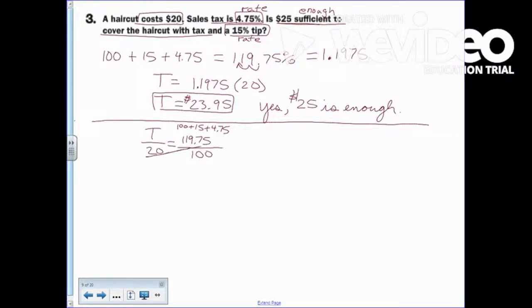We're going to cross multiply. So I would get 100t is equal to 20 times 119.75. I'm going to divide both sides by 100.